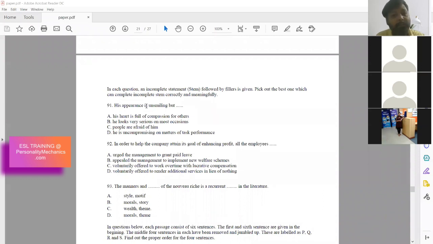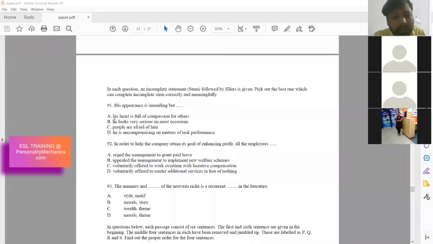The word but is used for transition, I told you, and it is always going to give you an idea that is contrary to the previous one. What do you think should be the answer to this one? His appearance is unsmiling, but unsmiling means that probably he's flat-faced, somebody who's very serious, I can say.